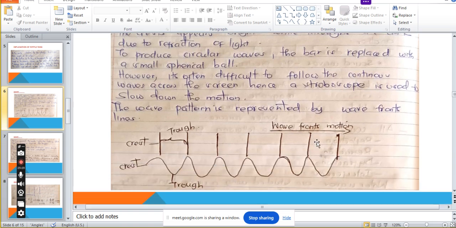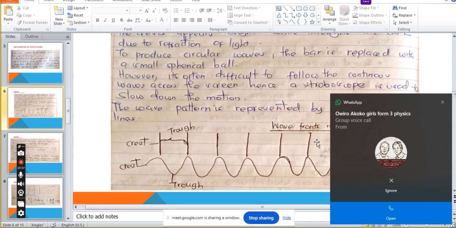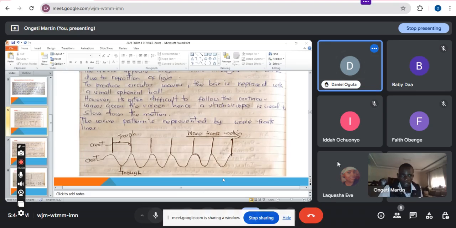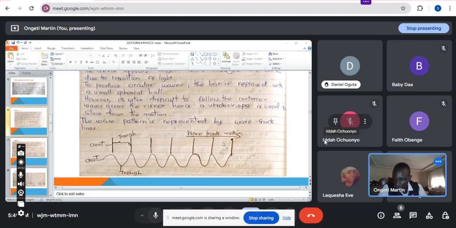Now, I hope you're able to see my screen here. Who is this calling in the group and yet we are here? Just a minute. Let me just sort this person. I don't know whether they want to.